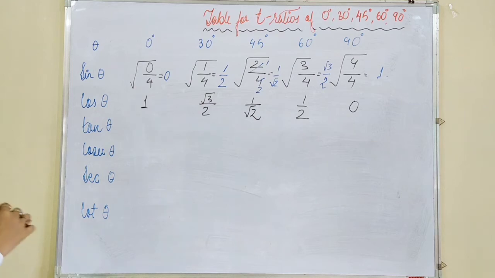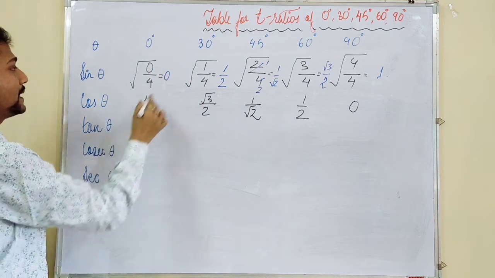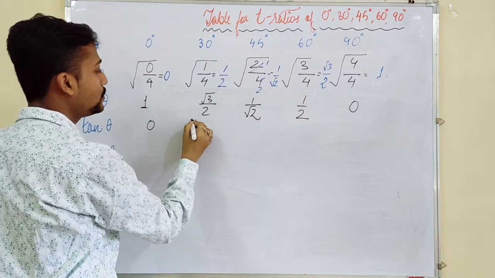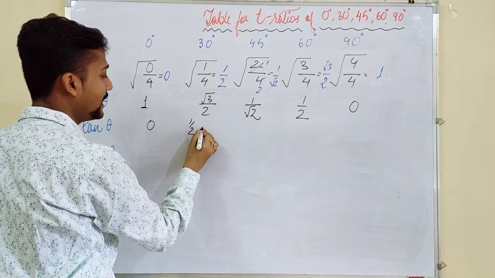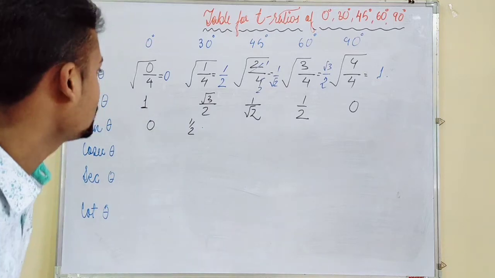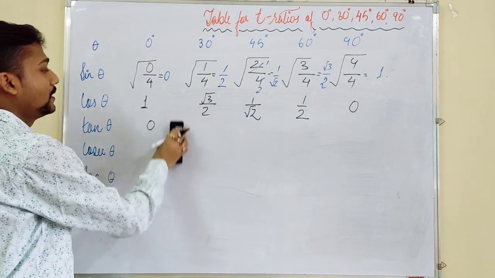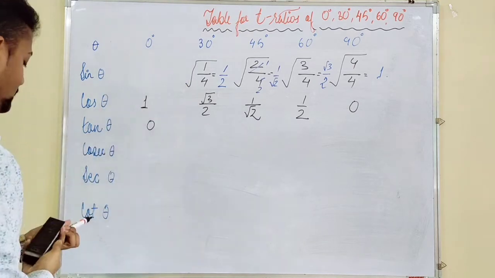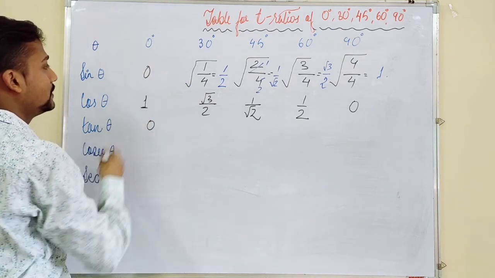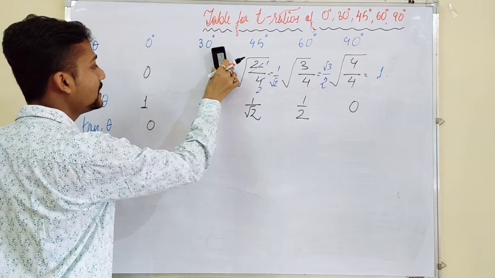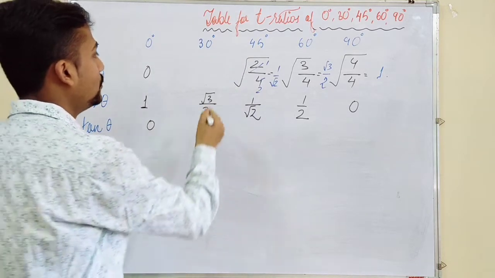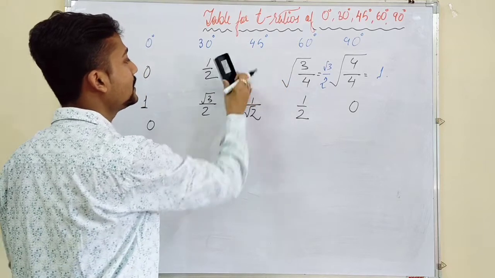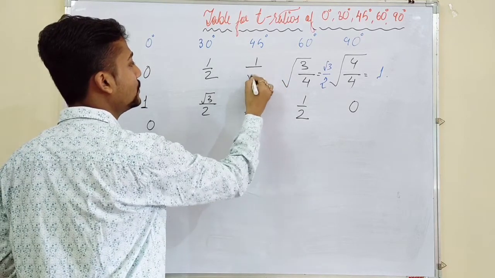Then tan theta is equal to sin by cos, that means 0 by 1 is equal to 0. For 1 by 2 divided by root 3 by 2, this calculation if I show it, it will be better. So I will rub this particular part so that it becomes easier for us to identify.